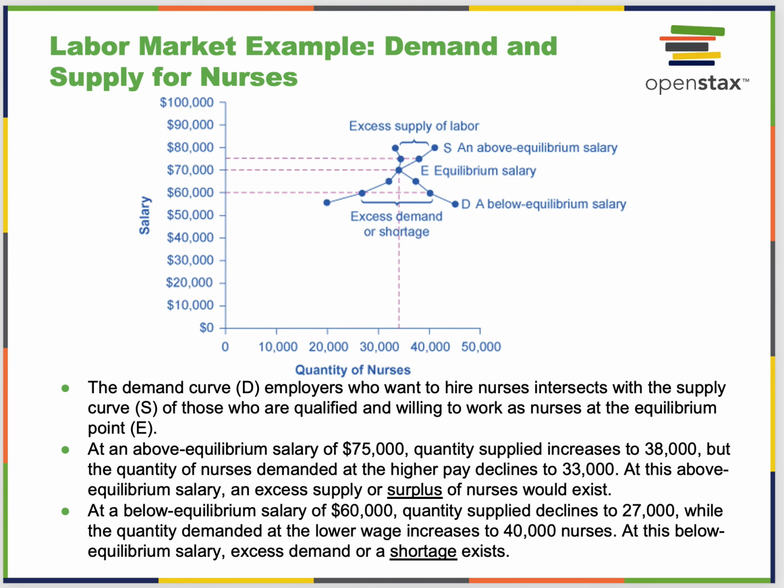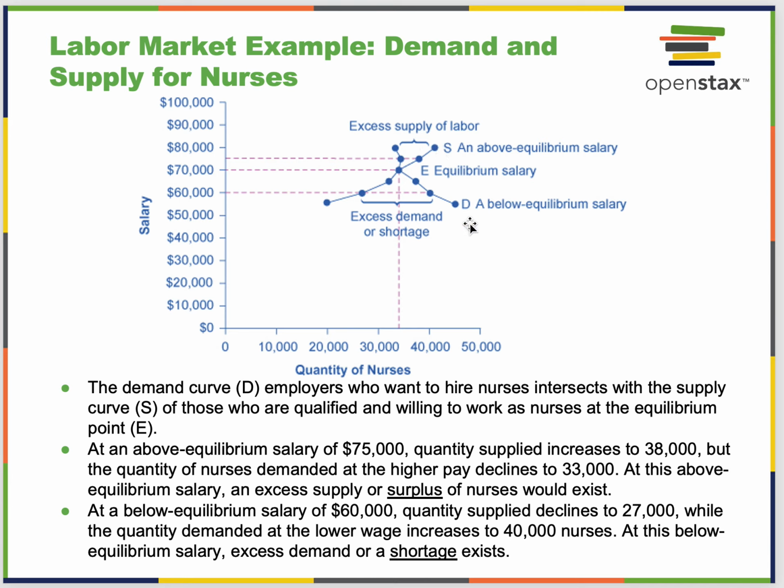So here is a market for nurses, for example, if you look at the supply and demand curve. Remember, supply is the amount of people looking for work. So the higher the salary, the more people, the greater the quantity of nurses looking for jobs or moving into nursing.